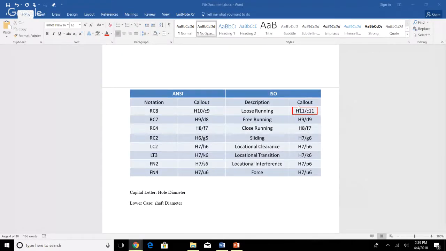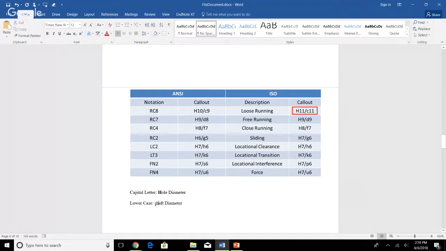You'll notice that each one of these has a different capital or lowercase letter. The capital letter will always correspond to our hole diameter. So that's why I have that bolded. That is a capital H, and that corresponds to our hole diameter, the capital letter from our call out. And then we have a lowercase letter that is our shaft diameter. I'll go ahead and underline that.